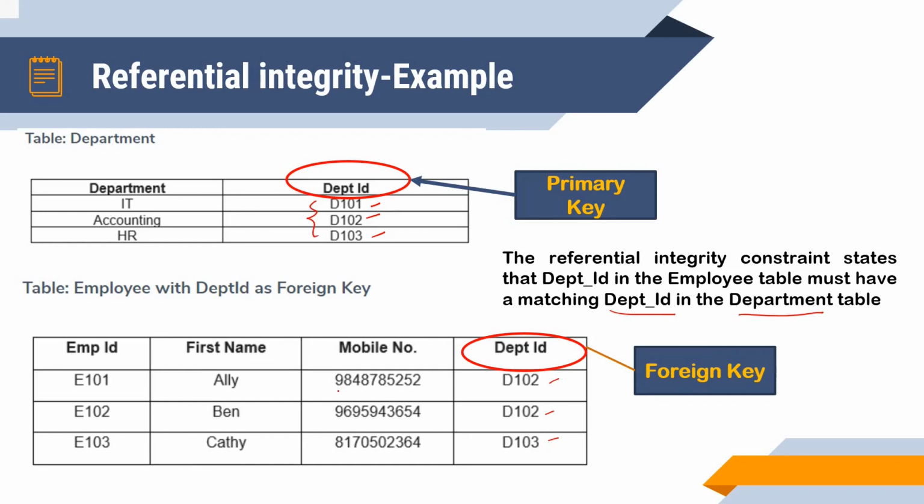Suppose you give employee ID E103 or E104 to department D104; since D104 does not exist, you cannot give that. Either you can give a null value, which is also allowed in the department ID as a foreign key, but not as a primary key. So either null values in the foreign key are allowed, or if you are giving any value, it must have a matching value in the primary key table.